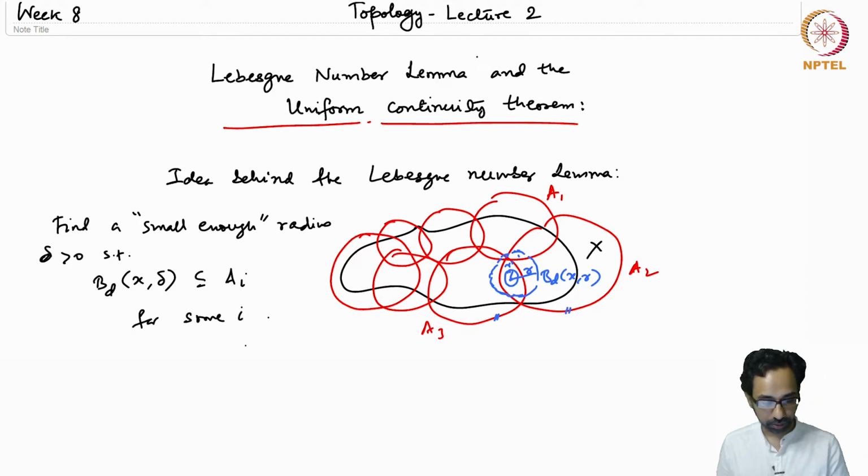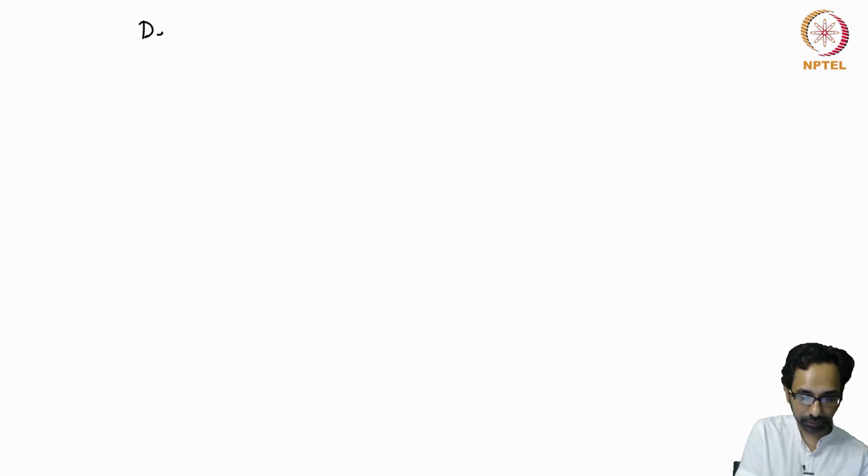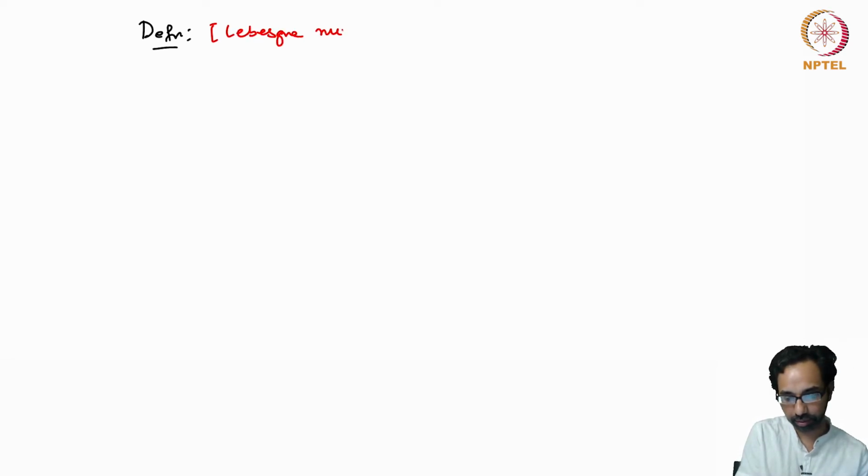Okay, so given any open cover, if we can find such a number delta, then we call this number a Lebesgue number for this open cover. And so we make the following definition. The definition of the Lebesgue number of an open cover.